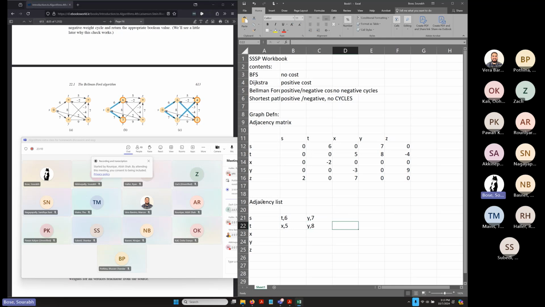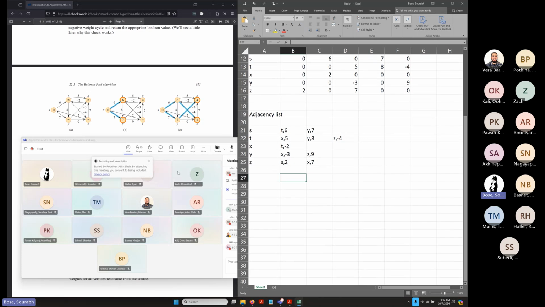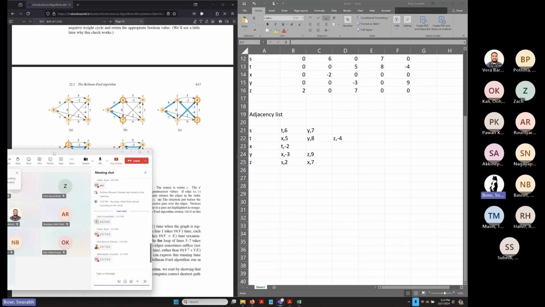And this is the dictionary that we have been creating in that particular code, Z comma -4. X goes to T comma -2. Nothing else. Y goes to X comma -3 and Z comma 9. And Z goes to S comma 2 and goes to X comma 7. Everybody, I hope, agrees with this set of numbers here. I think it should be correct.